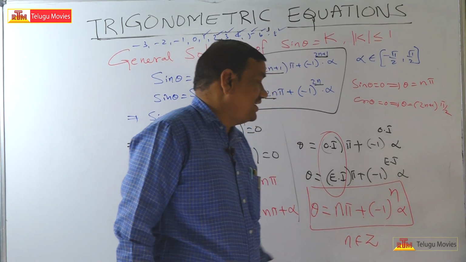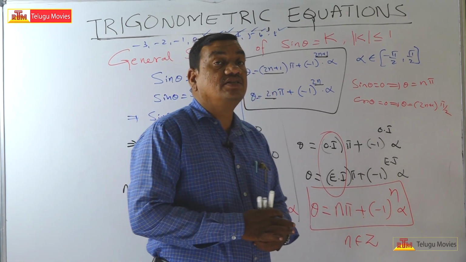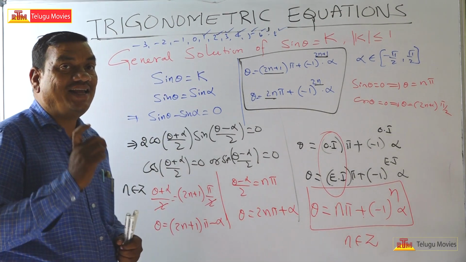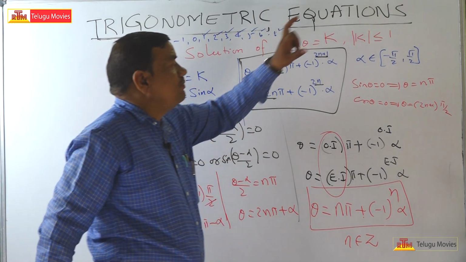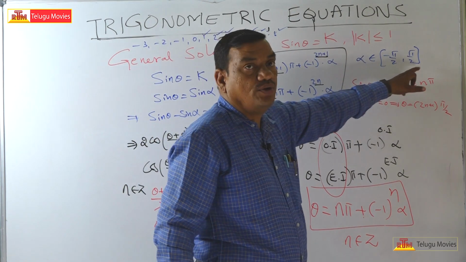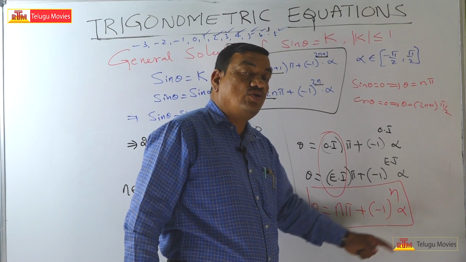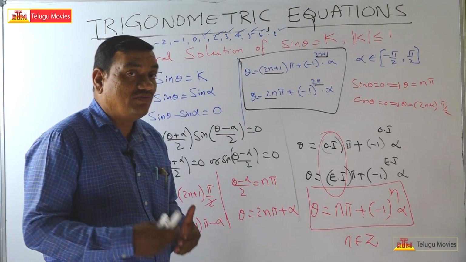Here n is an integer, and alpha is the principal solution, the starting or initial solution, which belongs to minus pi by 2 to plus pi by 2. From this general solution only, the remaining solutions will be generated.